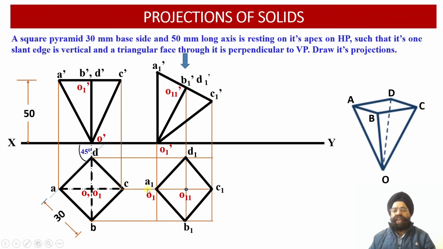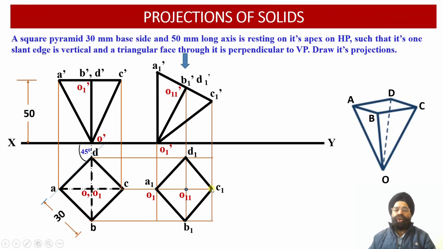So there is no need to join O1 with A1. Now let us join O1 with B1, but here O1, B1 falls into the boundary. So this has to be drawn as a dark line or the object line. O1, D1 again falls onto the boundary. So it is again to be drawn dark, it is not to be drawn dotted.